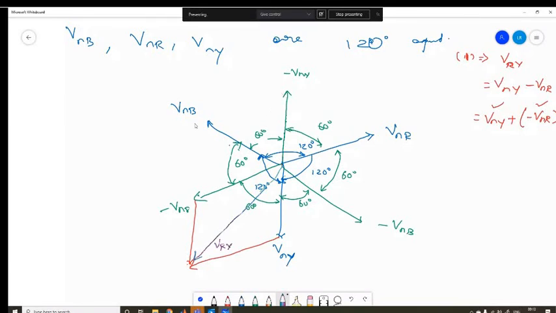So how to do this? You know that in your second equation we have written VYB is equal to VNB minus VNY. So this is VNB plus minus VNY. We know VNB, we know minus VNY. We need to simply add this.